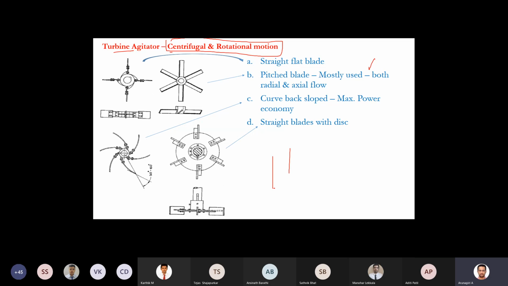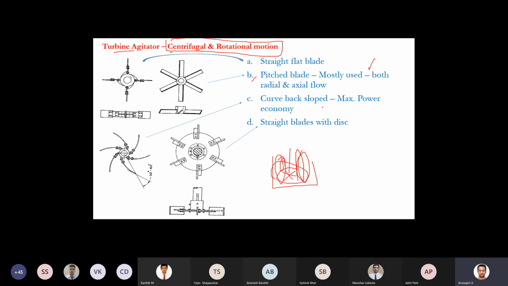If this is your vessel, because of these arrangements, radial flow is possible and axial flow mixing is also possible. If both are there, the mixing will be better, so you will get uniform concentration or uniform transfer. So for better heat and mass transfer, we will go for these types.